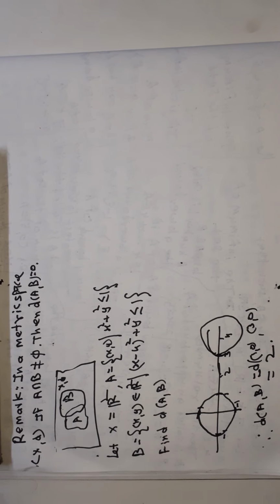Then the first circle intersects the x-axis at (1, 0), and the second circle intersects the x-axis at (3, 0), and therefore the distance between these two sets, that is the distance between these two circles, is 3 minus 1, which is equal to 2. Therefore, the distance between A and B is equal to 2.